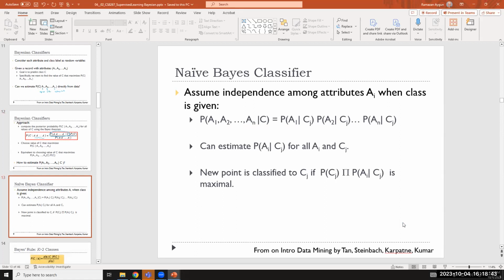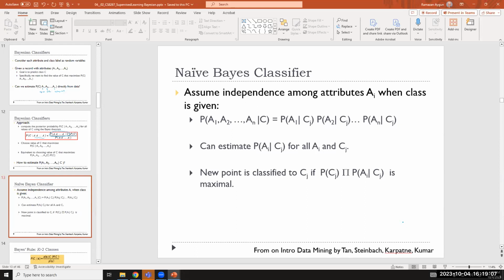For example, there is a relationship between age and being a student. You cannot say that they are not related. I believe there is a relationship between age and salary, but you cannot say they are independent. But for simplicity, this assumes that they are independent, because then we can have a solution for it.